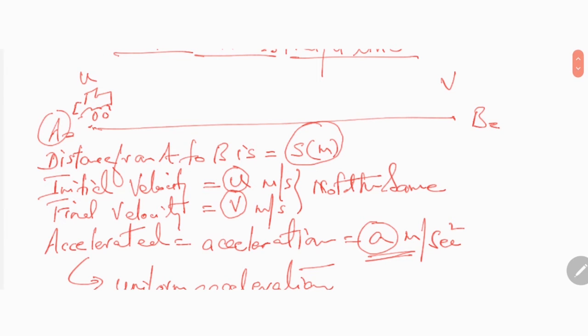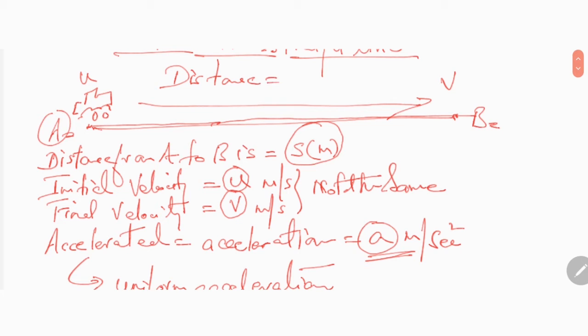In our example here, from point A to B, since it is in a straight line and we are assuming that our car is going straight from here to here, in this particular example your distance will be equal to your displacement.